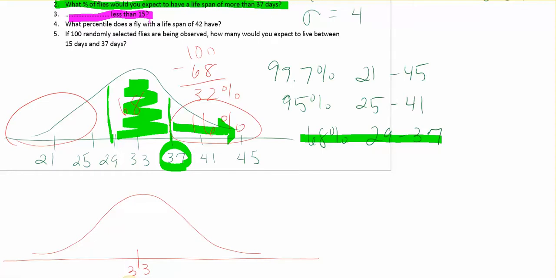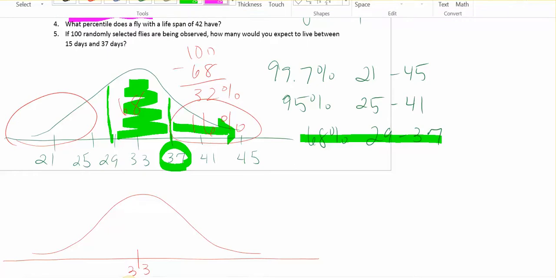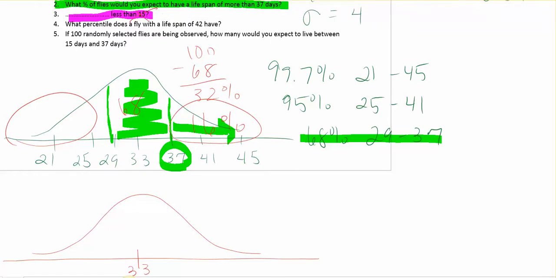So clearly that's a typo because I didn't make it to 15. So let's change that and say that we want to look at less than 25 days. Sorry about that.